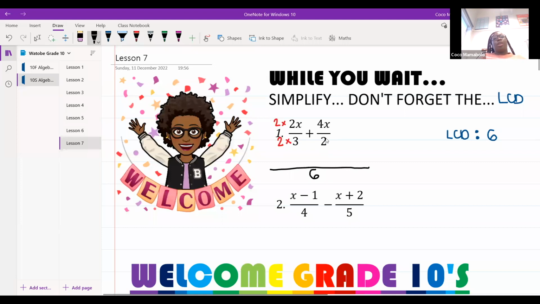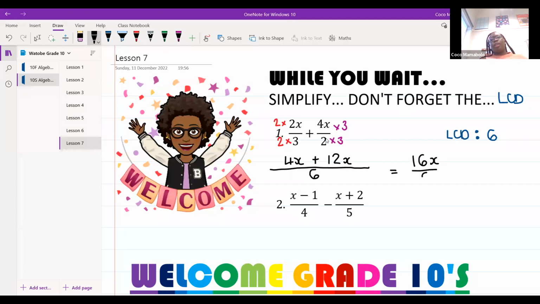So I get 2 times 2x, which gives me 4x, plus, what did I multiply this denominator by to get 6? By 3. Sorry, I'm sipping water. And what I do to the bottom, I do to the top. 4 times 3x gives me 12x. And this gives me 16x. I'm just going to add the things on the top.